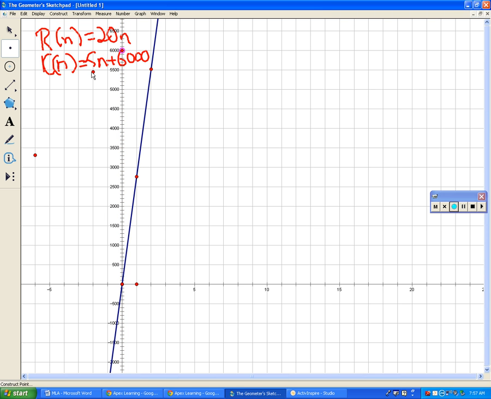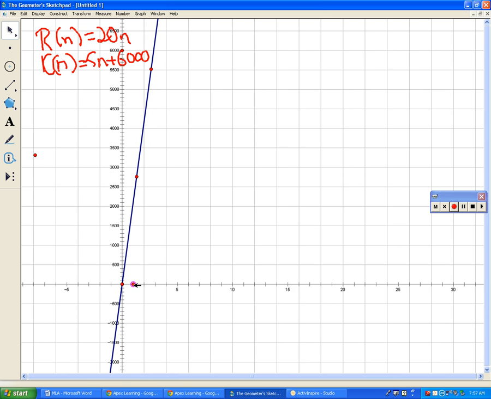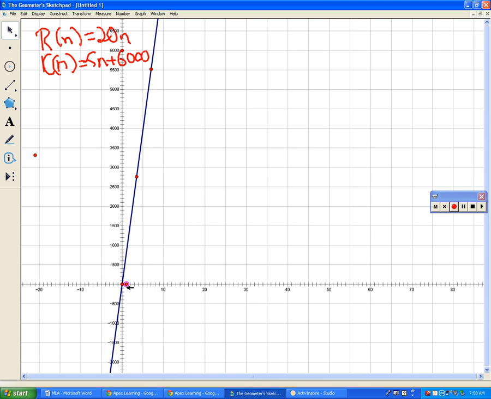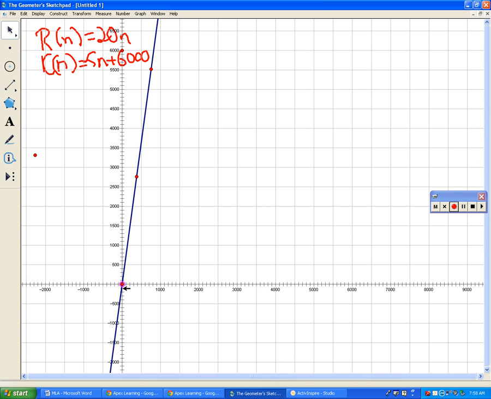And then this has a slope of 5, up 5 over 1, but since I'm going by 500s there, I'm going to probably want to change this to match a little bit closer to that. So let me make this scale bigger also. So now each square is 500.